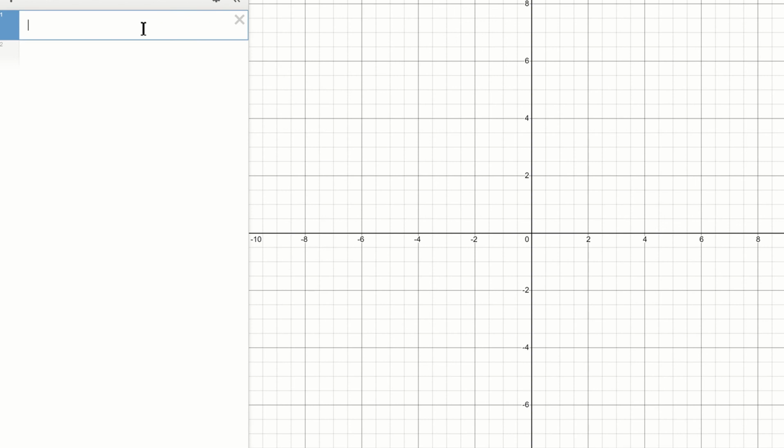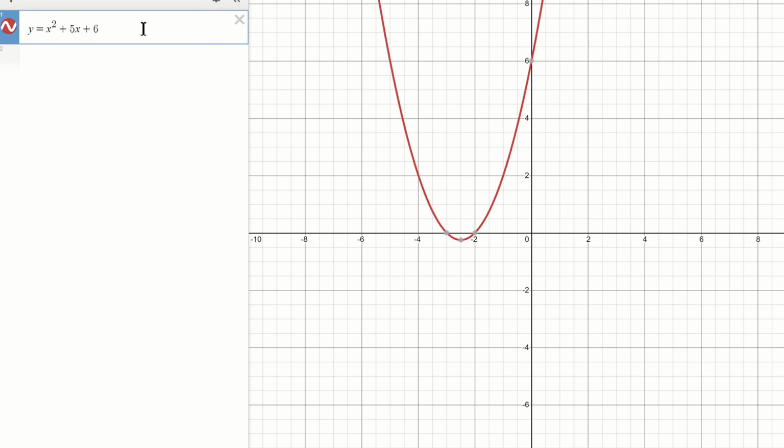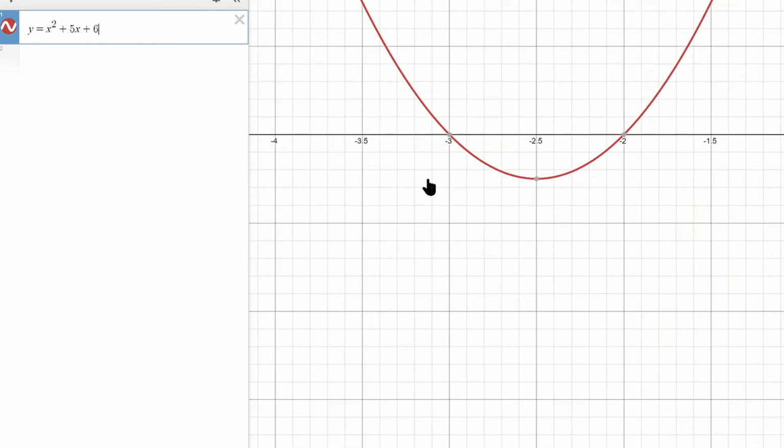Okay, so here we're going to go ahead and graph y equals x squared plus 5x plus 6, and as you can see visually right here, we have our 2 points of intersection with the x-axis right there at (-2, 0) and (-3, 0), which we already found algebraically.